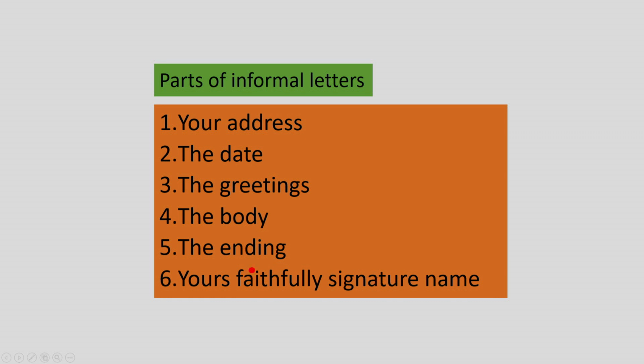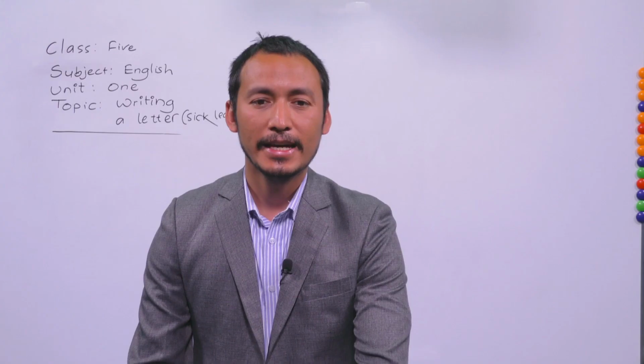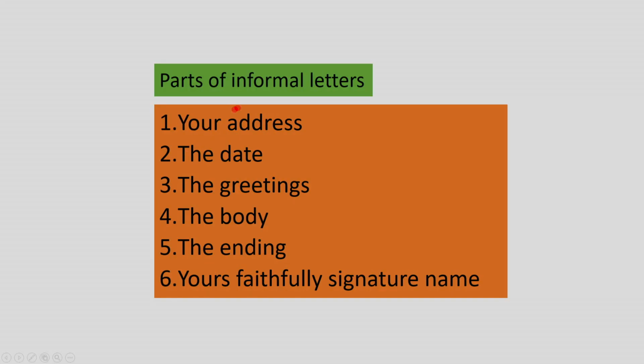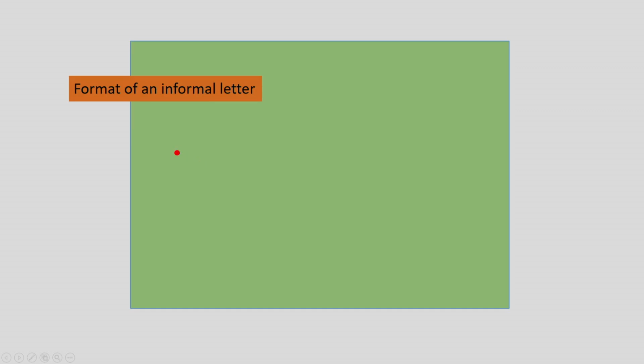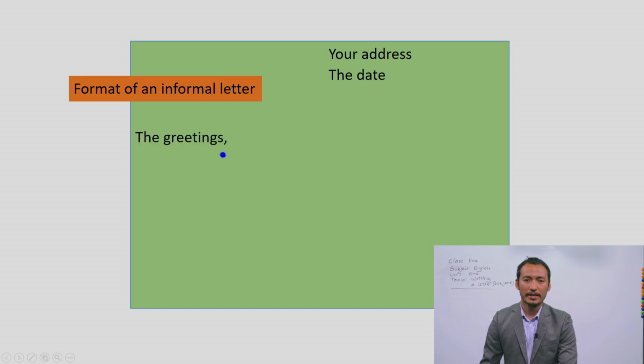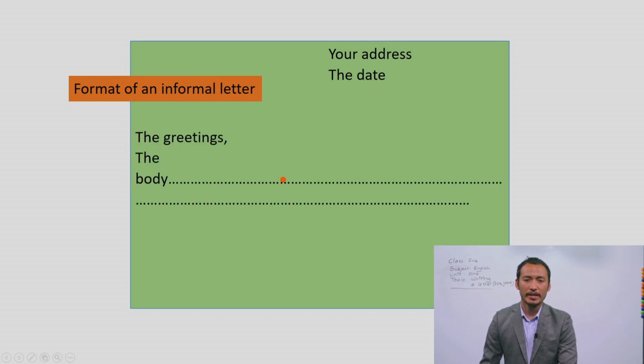All right, are you clear about the parts? Don't be confused with the formal and informal. They are almost similar. You just have to practice it. Let me show you another format of an informal letter. Your address is at the top, and then date and greetings, and the body is here.